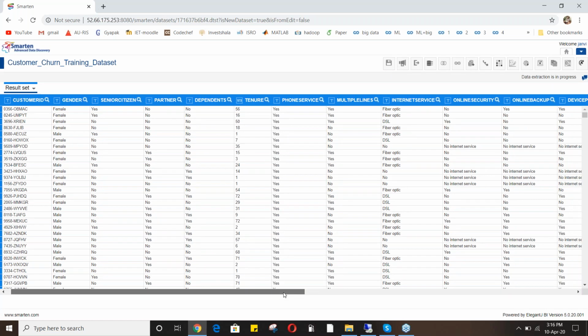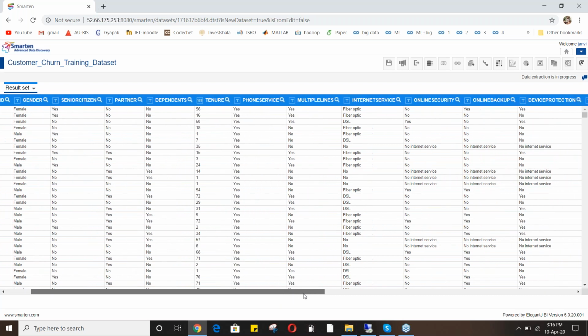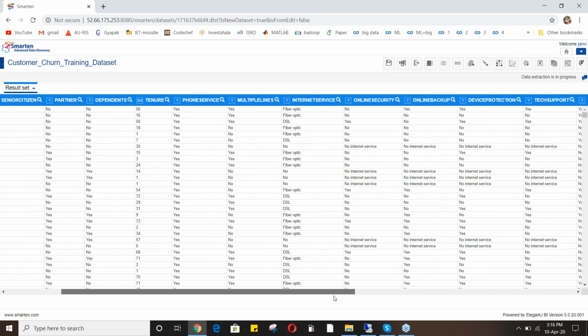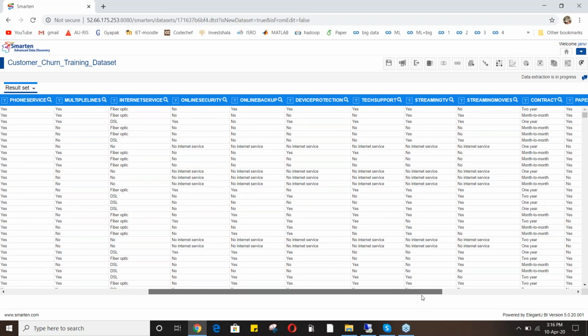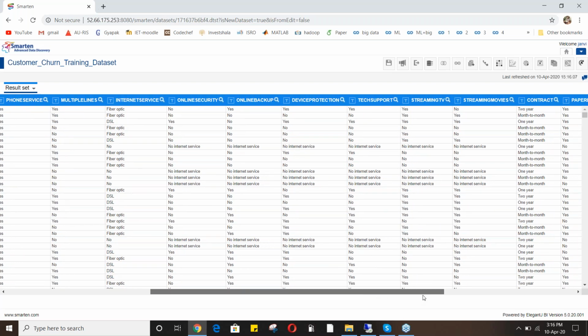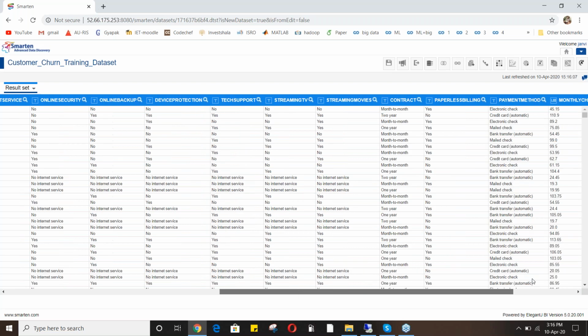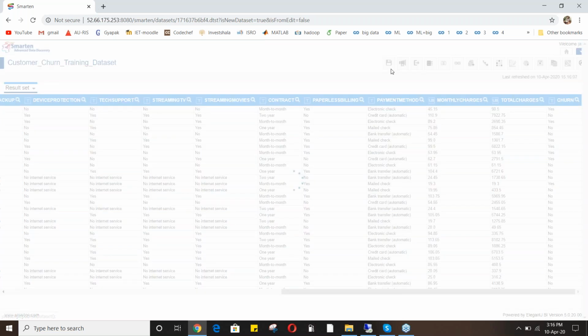Here in the data, I have available customer ID, gender, whether the customer is a senior citizen or not, whether it has a partner, dependents, tenure, and so many influencing factors, such as internet services, what kind of services are there, and so on. Basically, our target for the assistive predictor will be whether the customer will churn or not. So I'm publishing the data set.